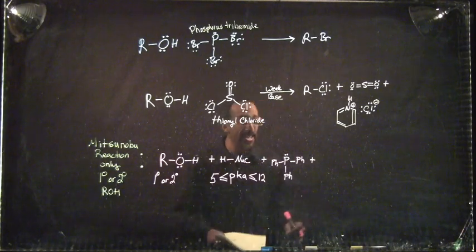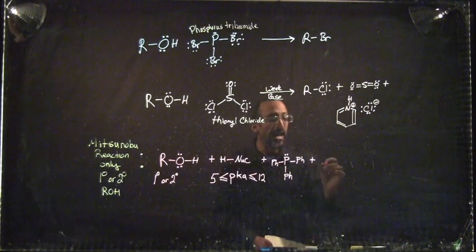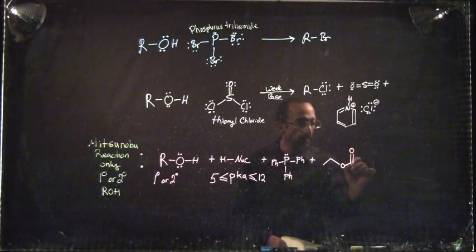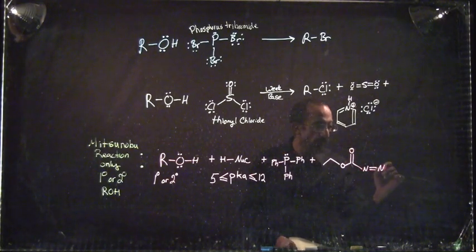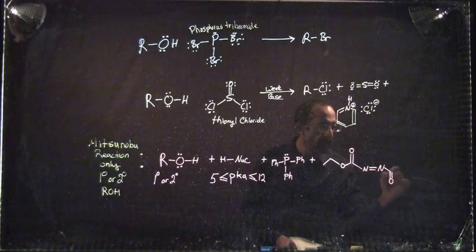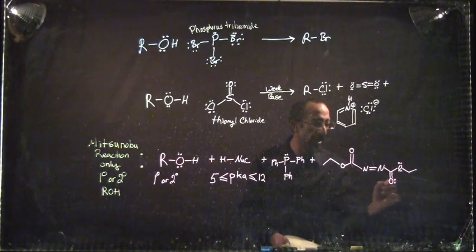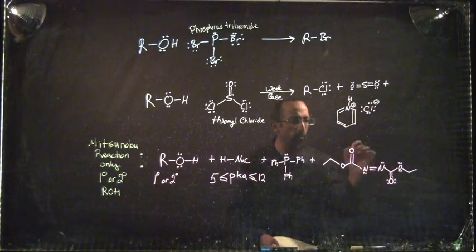DEAD, D-E-A-D, stands for diethyl azodicarboxylate, and it has a structure that looks like this. We'll make this a proper Lewis structure so that when we get to our arrow pushing, we know where all of our electrons are.